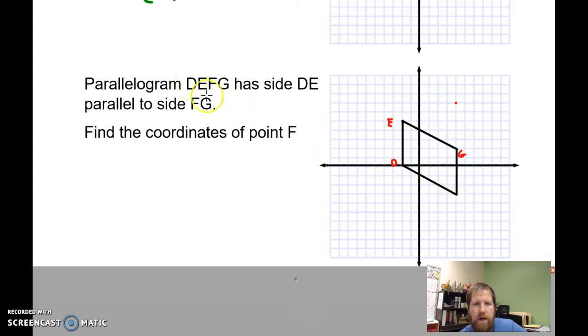The problem comes in our label. I've been told that this is a parallelogram DEFG. So if I put my point F down here, I don't have a parallelogram DEFG. I have DEGF. So this is going to be incorrect. It's only incorrect because of the labeling, though.